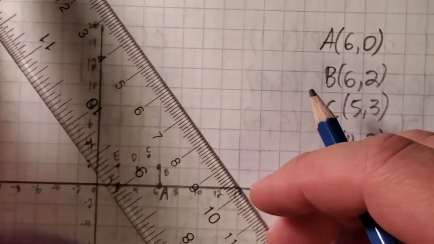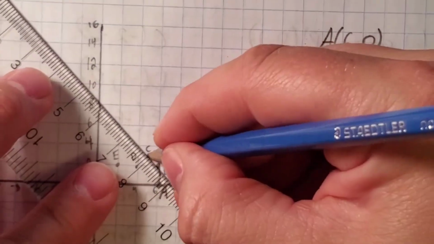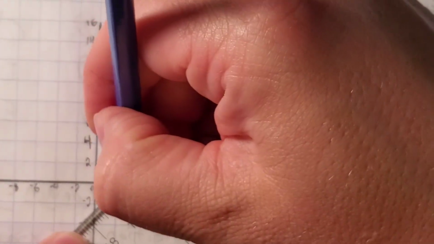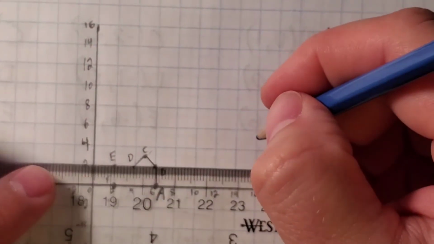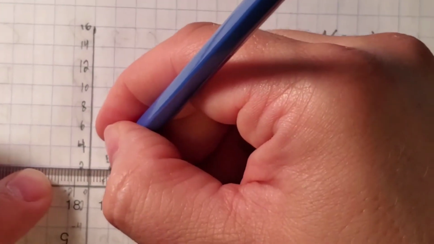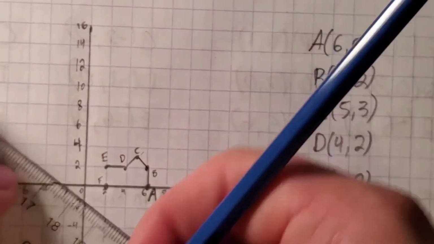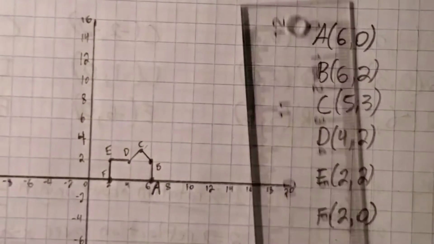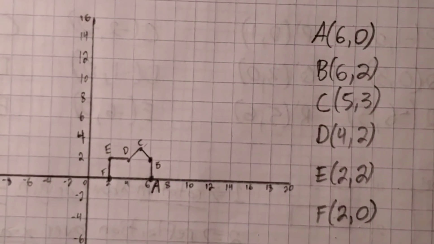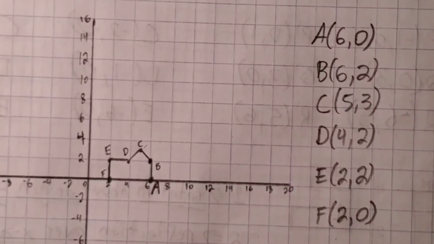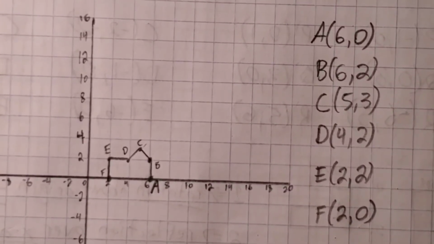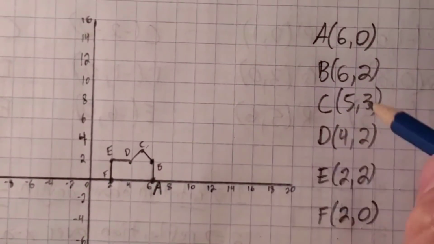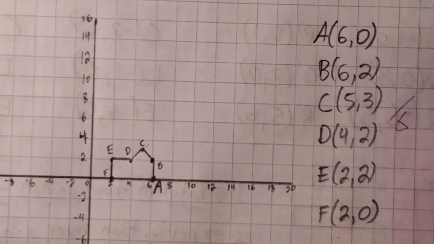So let's connect A to B, B to C, C to D, D to E, E to F, and F back to A we don't need to redraw because it's right on the axes, so there's a line there anyways, and we'll just assume that we know that it's there. Okay, so that's question 6A. We put them on the grid, so each of these in the right spot would be 1 mark, so out of 6.